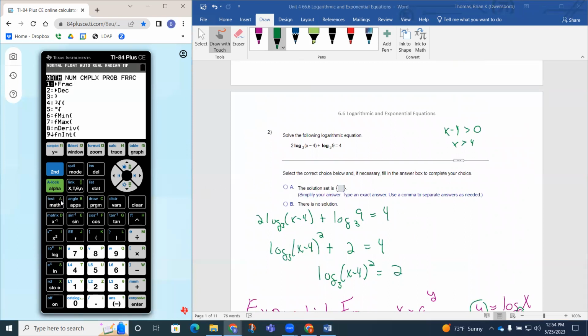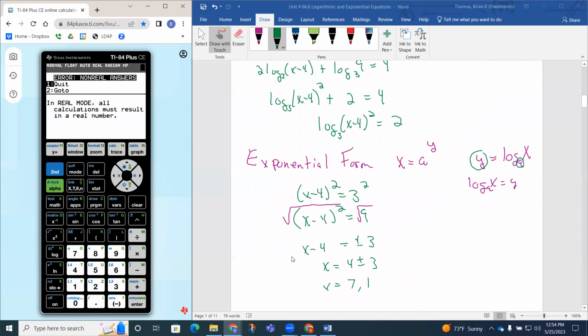So if I put 1 in, I do 1 minus 4, squared, plus that's actually a 2. Does it give me 4? Notice how it gives me an error. So 1 has to be excluded. It would not make this problem work because of that domain restriction.